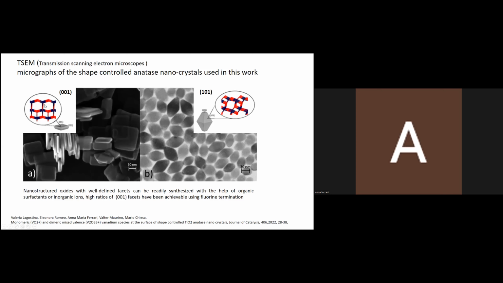We have two kinds of nanocrystallites, one which exposes mostly the 001 surface, and another that exposes mostly the 101 surface. So we have two different terminations.